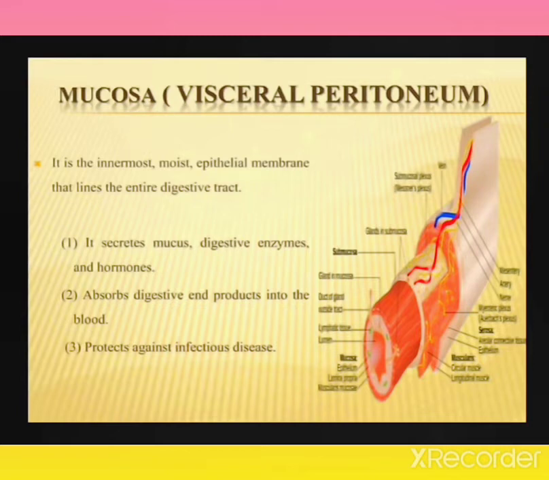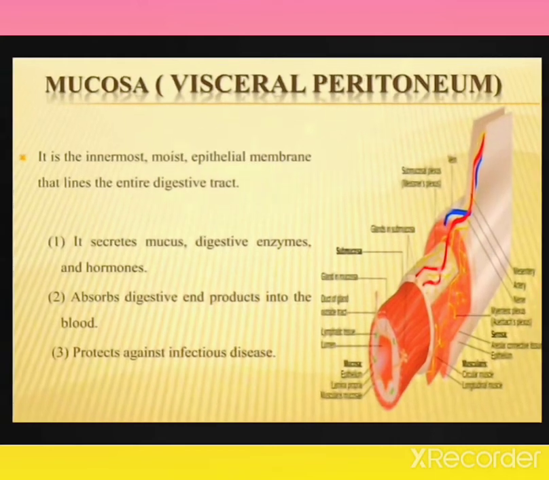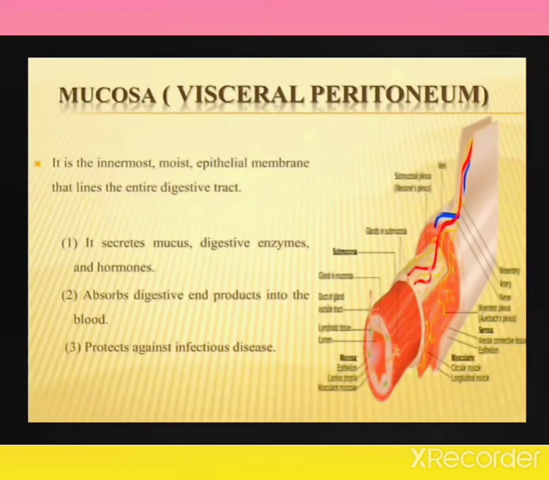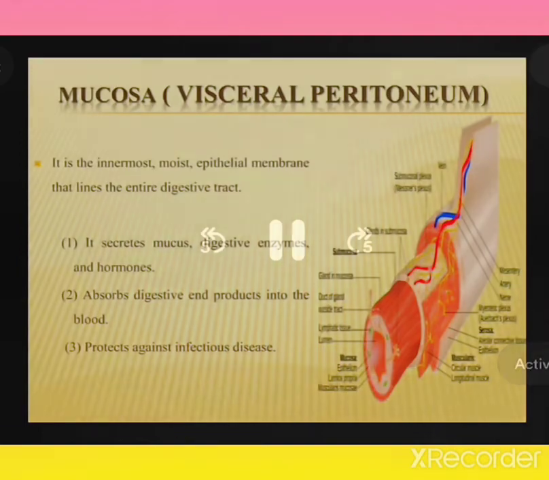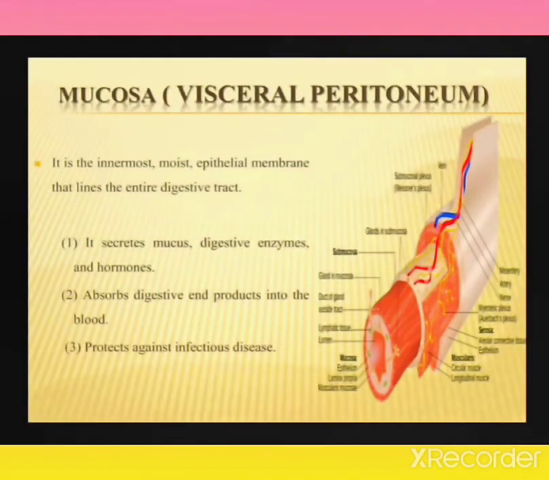There are considerable differences in the histology of the segments of the GI tract. I hope I am clear. The GI tract is one entire large organ. It starts from the mouth ending in the anus. So this is clear. But mouth, pharynx, esophagus, stomach are distinct segments of the GI tract.